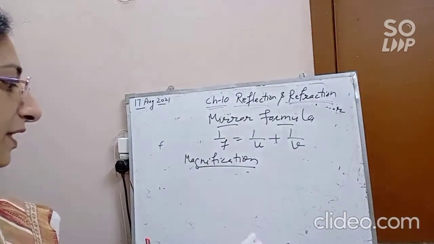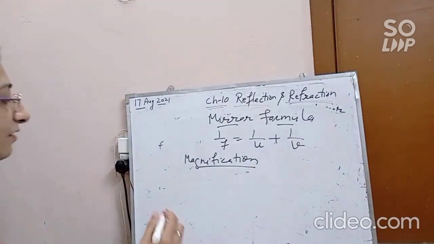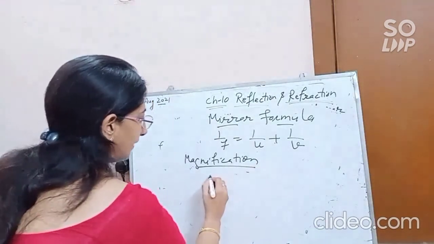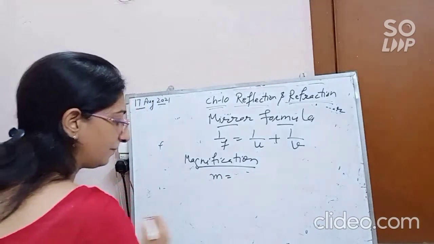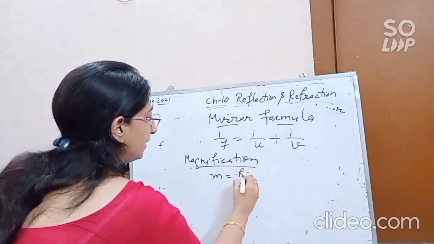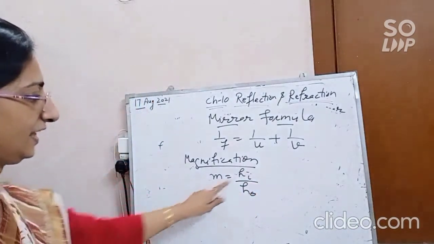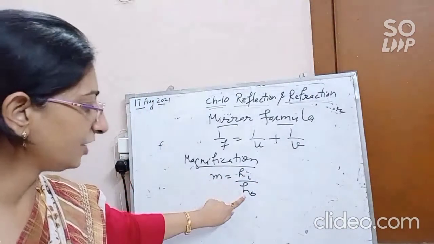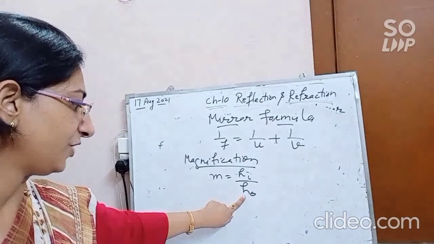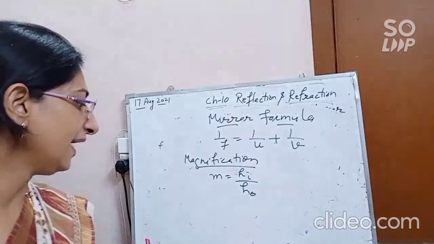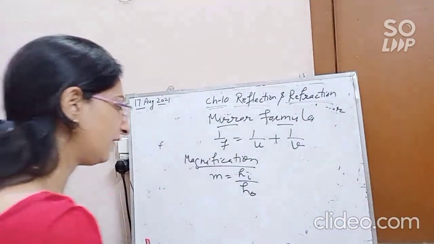What is linear magnification? Magnification, represented by small m, is the height of the image upon the height of the object, where HI is the height of the image and HO is the height of the object. The height of the object is always positive.